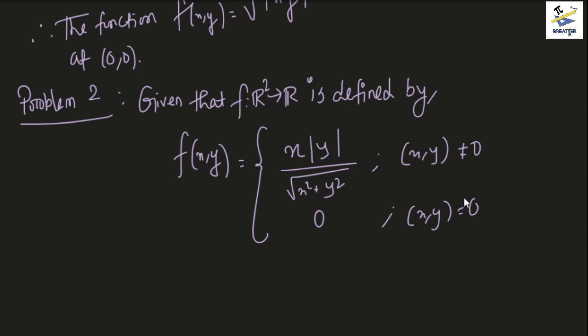So as you can see, x mod y by root over x square plus y square, the difference in the definitions is quite visible, but it is still basically one of the same definitions that we have used in the above image.